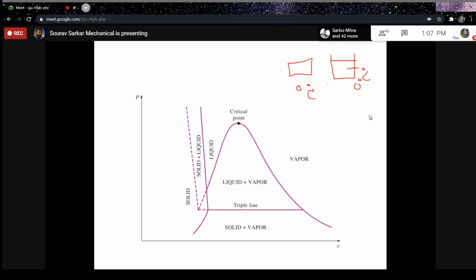So what is happening? Again, consider one constant pressure line like this. This is the constant pressure line. Consider that this is at 1 atmosphere. Very good. So this line is solid.